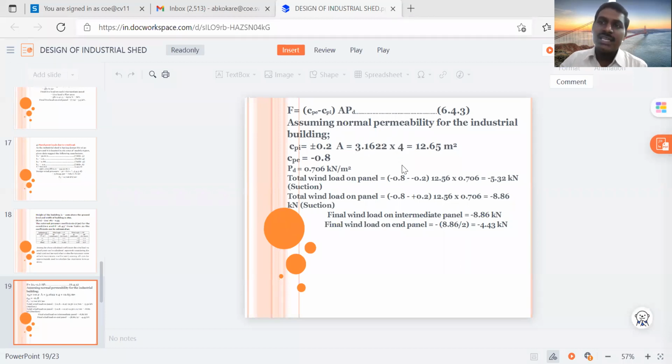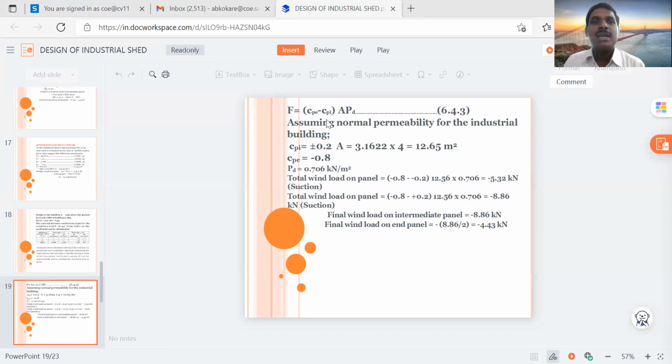It means the area on which your wind load is active. PD we have calculated. Now we have to calculate the total wind load on the panel. The total wind load on the panel is now 0.8 minus. Now we did the interpolation, and the load is calculated by using this formula.